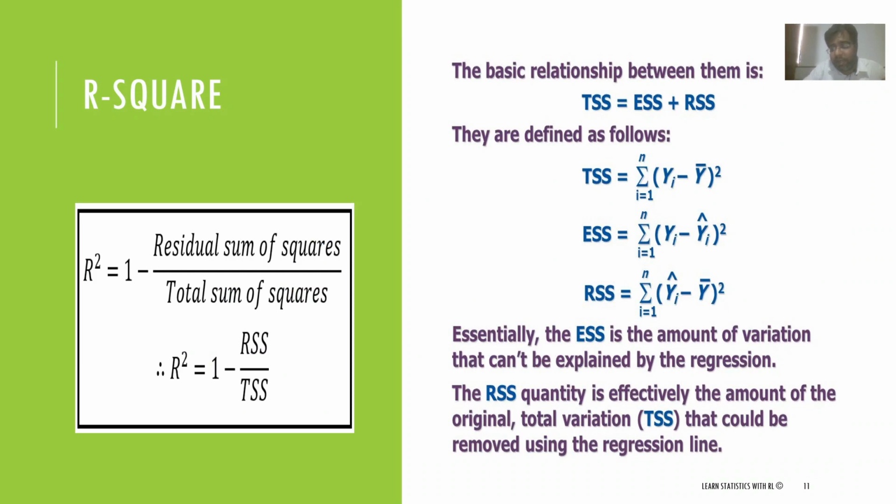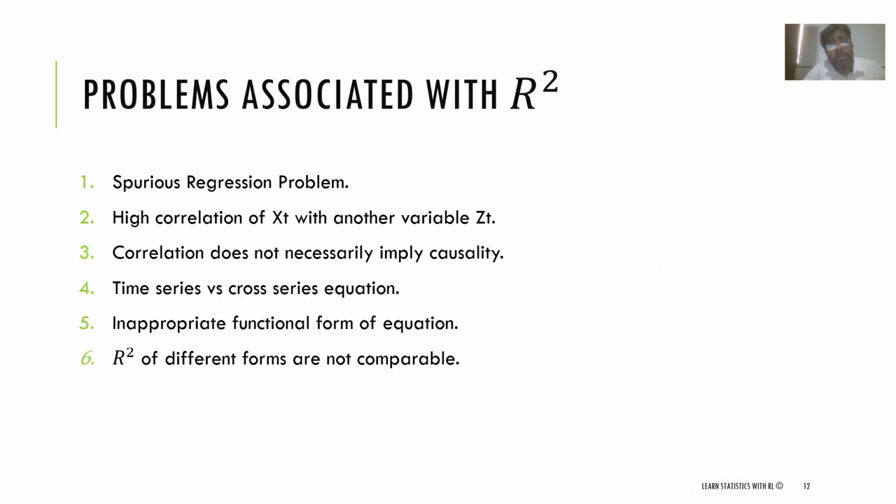Moving one step ahead, what are the problems associated with R square? Always remember the problem of spurious regression. Before explaining spurious regression, I should explain spurious correlation. Let me give an example. My daughter Gunjan's age is increasing every year, and Rajkot's temperature is also increasing every year.